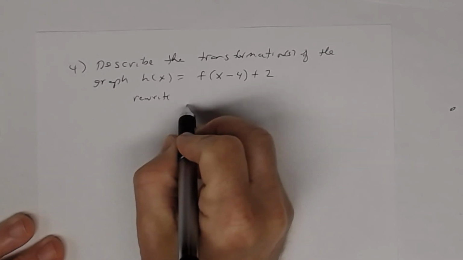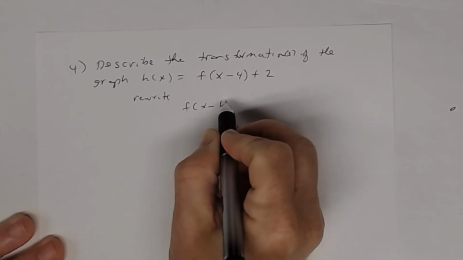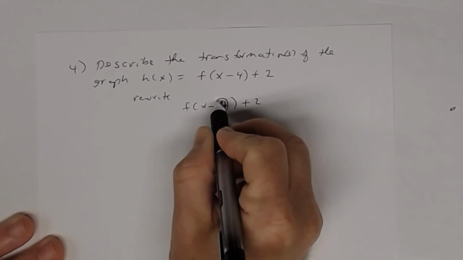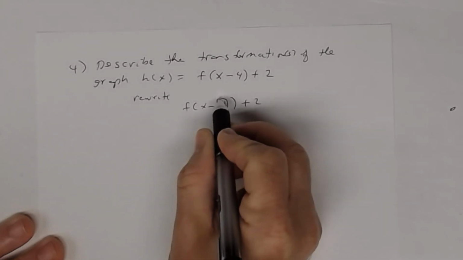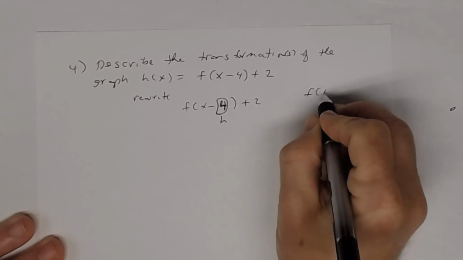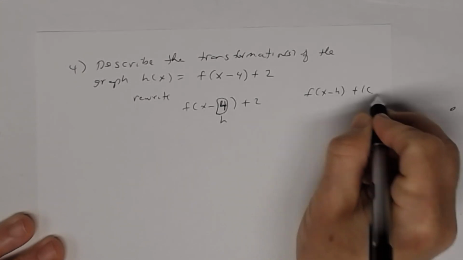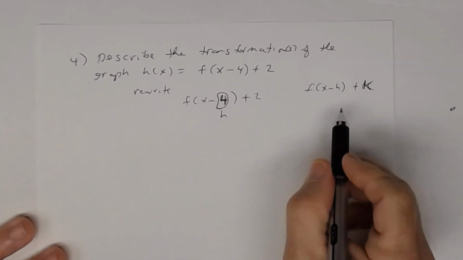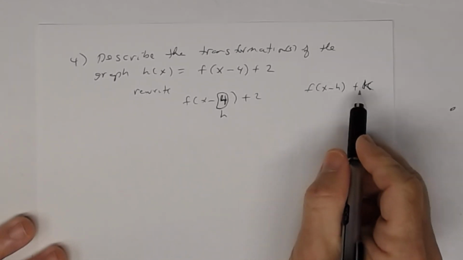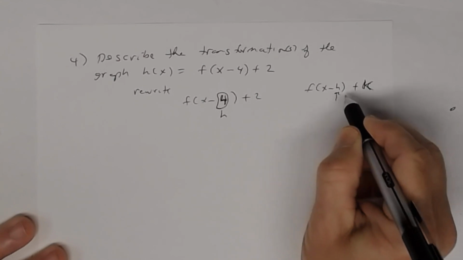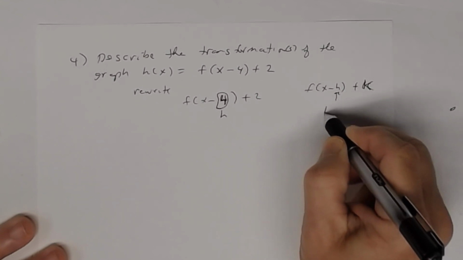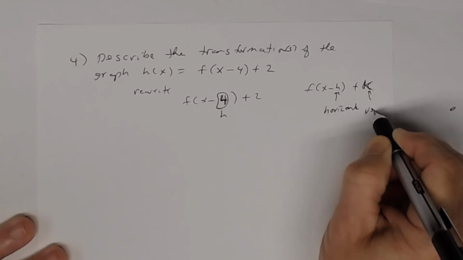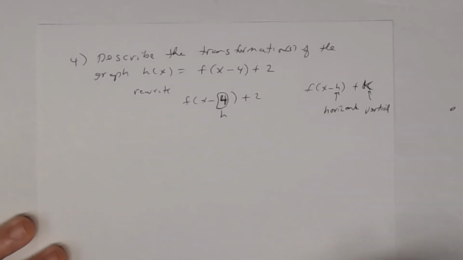Just say I'm going to rewrite this over. Oops, that's 4. And then plus 2. So you're going to say this is your h because x minus h. Remember, f of x minus h plus k. So where this is h, which is the horizontal shift, and k is your vertical. Okay?